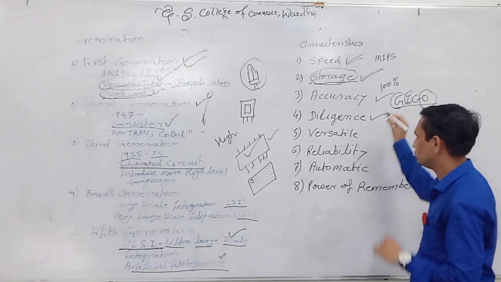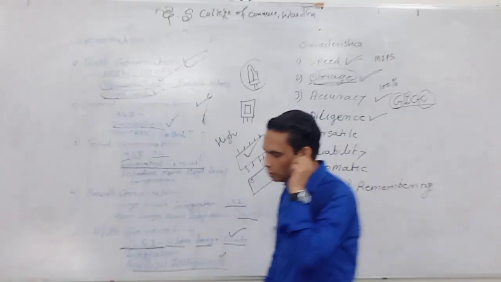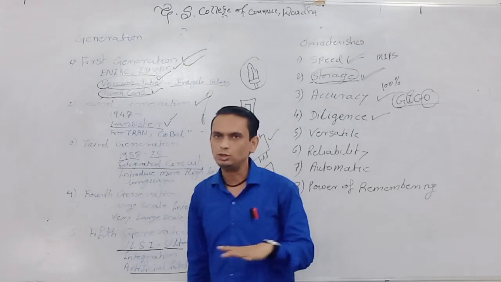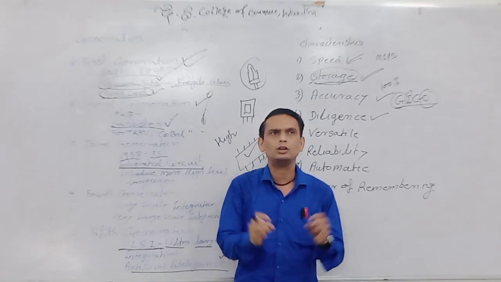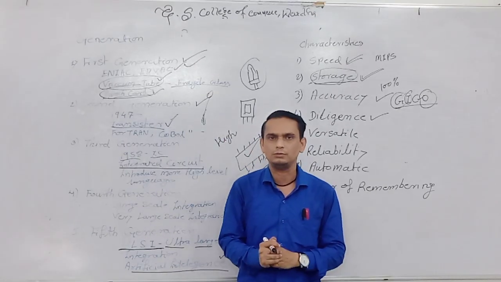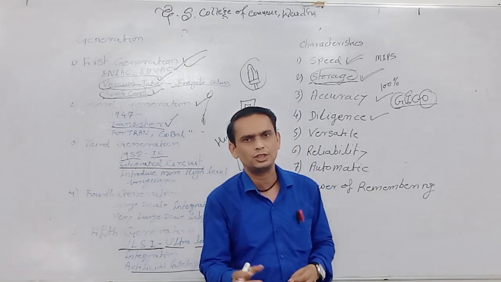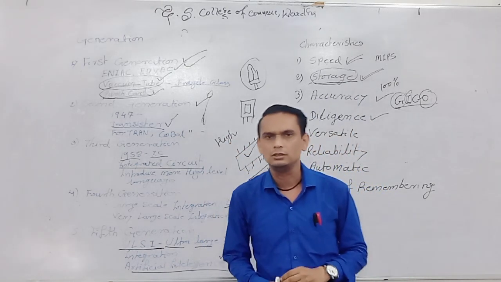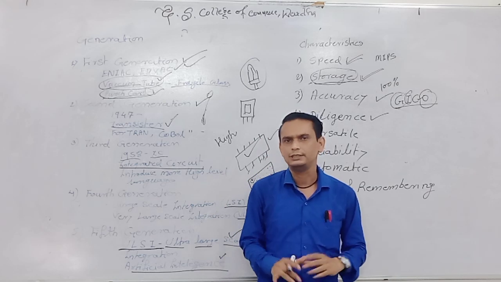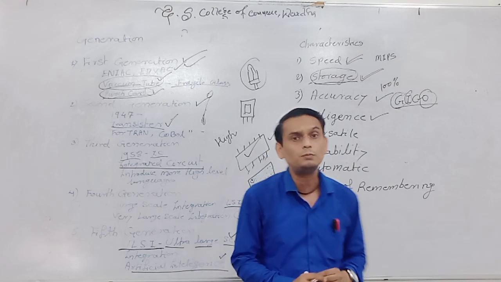Next one, diligence. Just like a human has a capability to work for a particular period of time, a human can work 8 hours, 10 hours. After that, they become fatigued or tired. But the computer system is a machine.